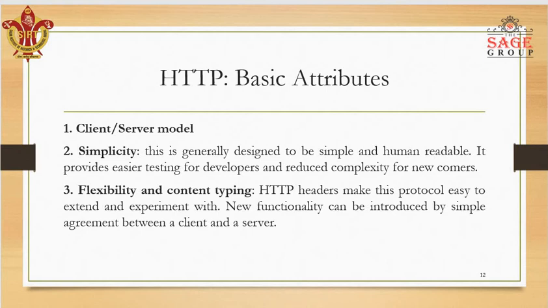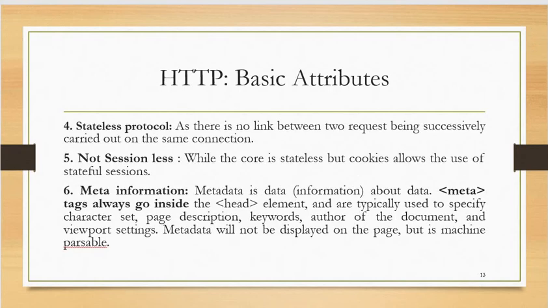HTTP headers are designed in such a way that new developers can manipulate or adapt the protocol for their own use. That helps to add new functionality simply by adding a bit between the client and server.